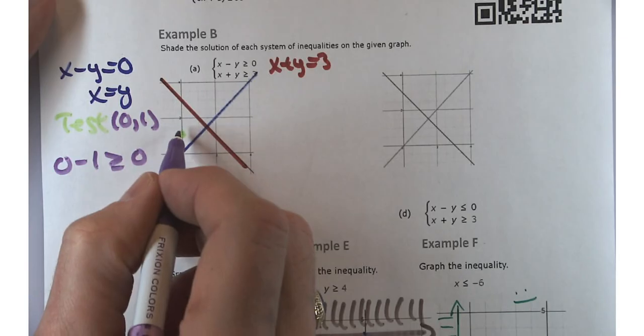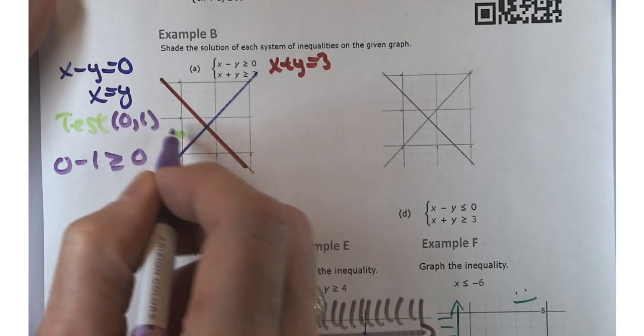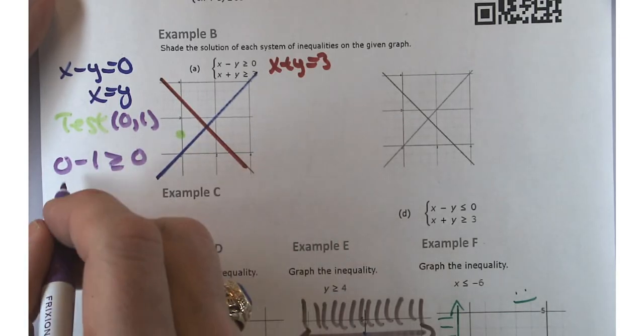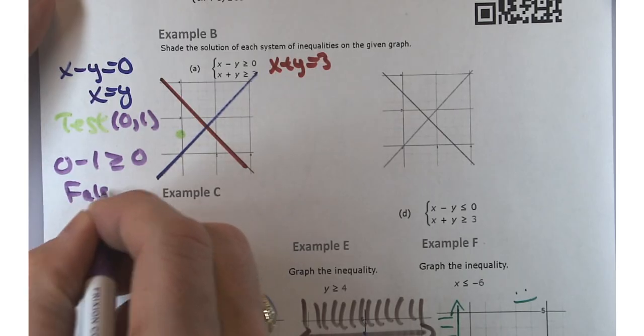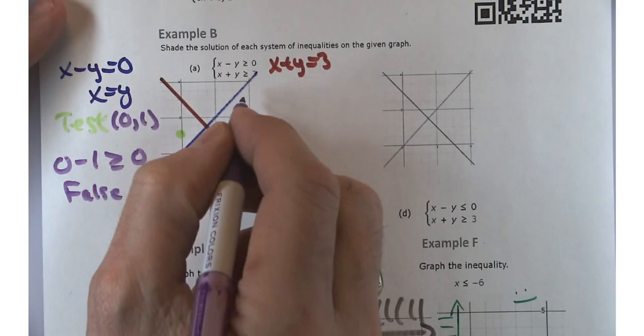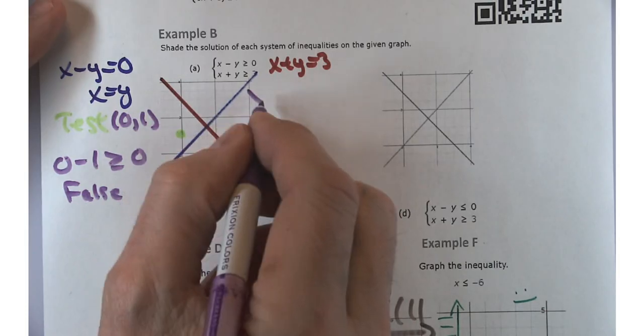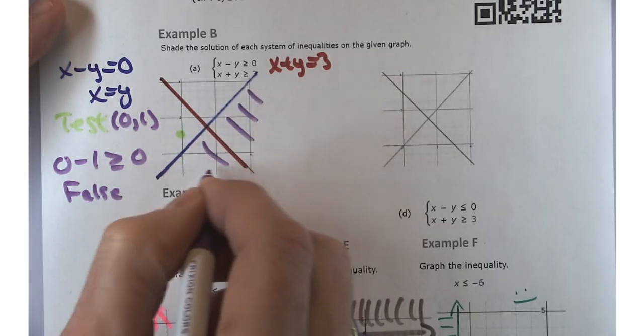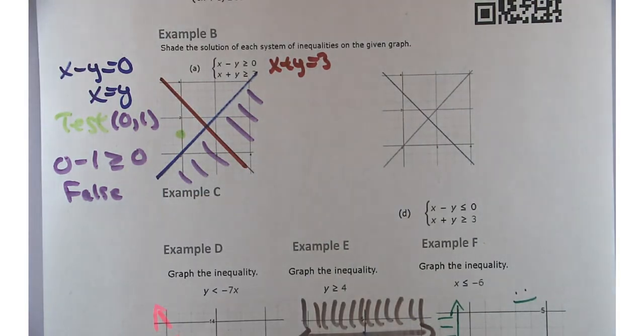Is it the side above this blue line or the side below that blue line? Well, this tested out false, so I want to shade the other side. So I want to shade down here. But keep in mind, this is a system of inequalities, so I want to see where these things overlap.